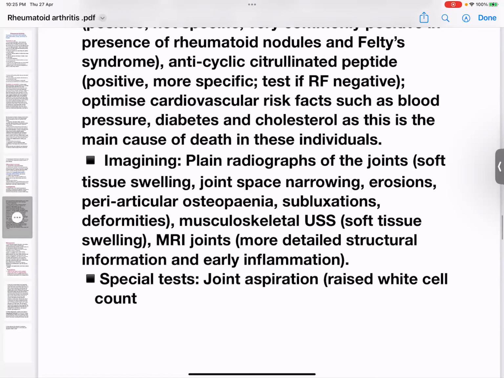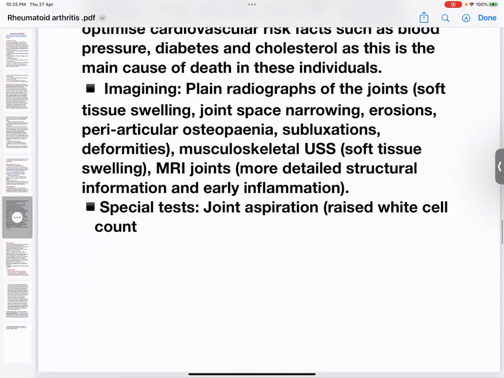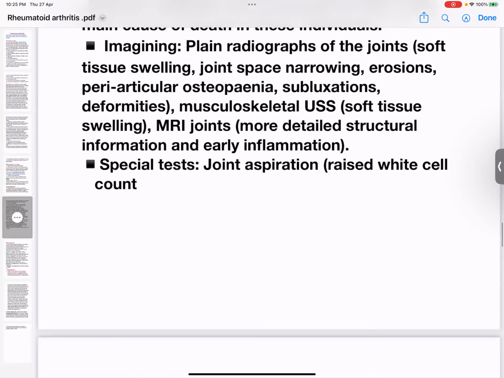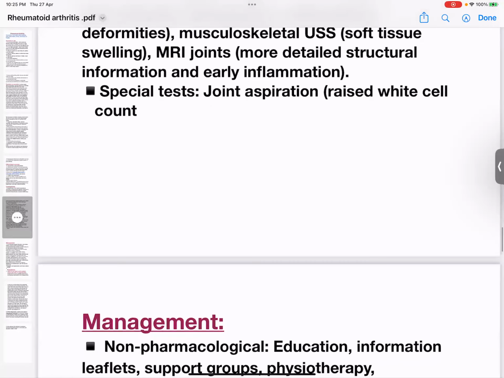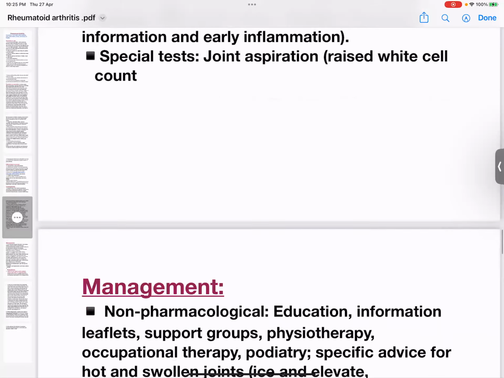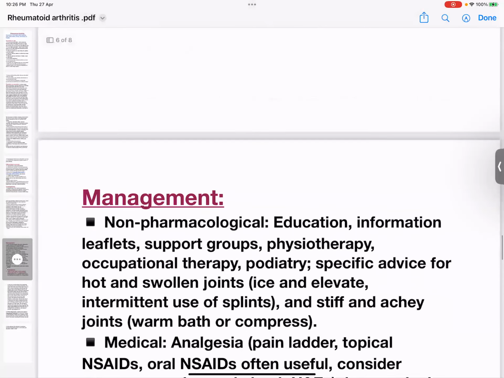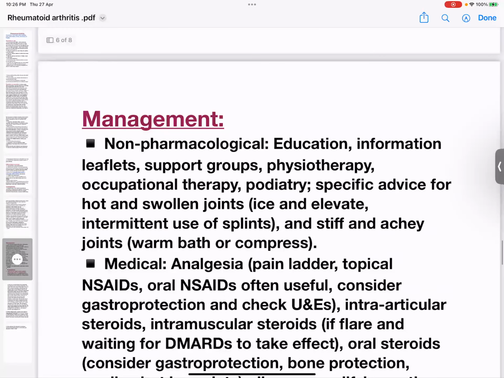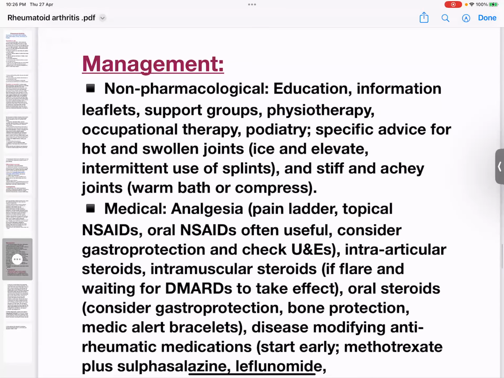Imaging: plain radiology for the joints, and MRI for the joints. Sometimes we do ultrasound for the joints. Joint aspiration, in case you want to confirm the diagnosis.